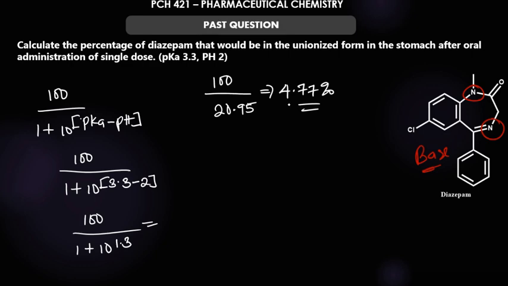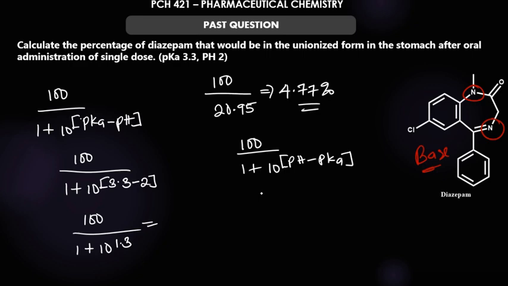And then of course, if they ask for the ones that are ionized, because you are talking about BH plus, the formula becomes 100 over 1 plus 10 to the power of pH minus pKa.